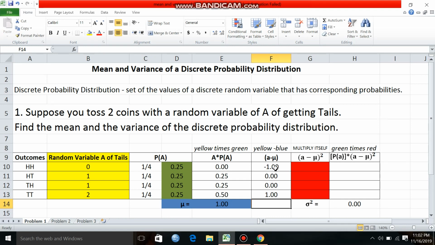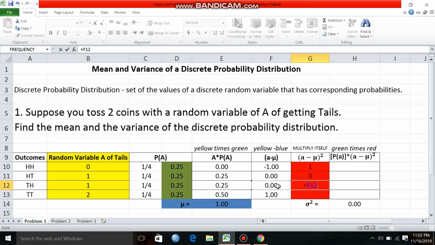So the answers are -1, 0, 0, and 1. Next, we need to square these differences. So -1 times -1 is +1. 0 times 0 is 0.